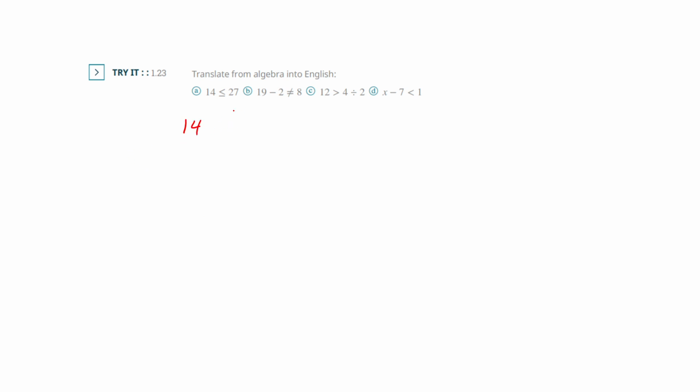We read this way, we're going to write this way, do our math this way. 14 is less than, now it's also got an equal sign, or equal to 27. Okay, 19 minus 2, I'm working my way left to right, is not equal to 8.